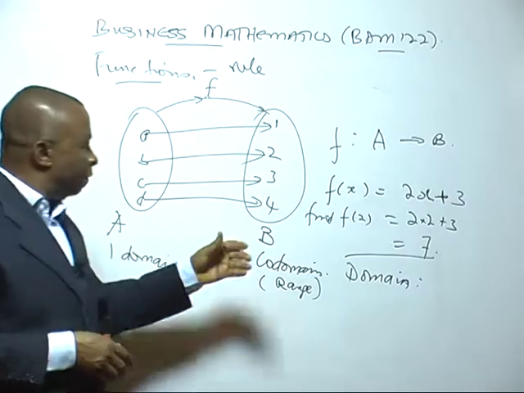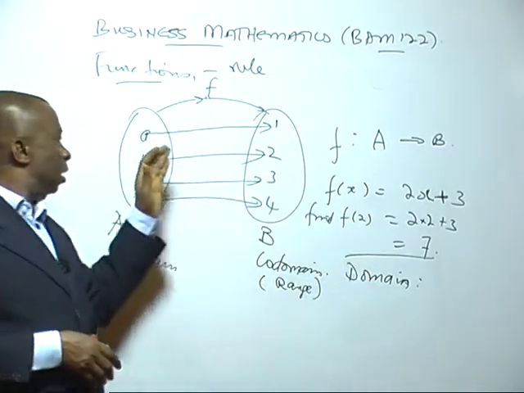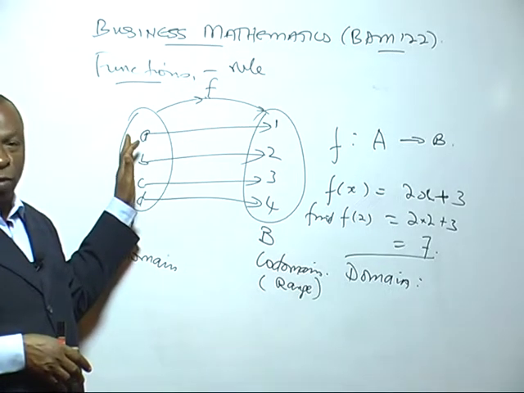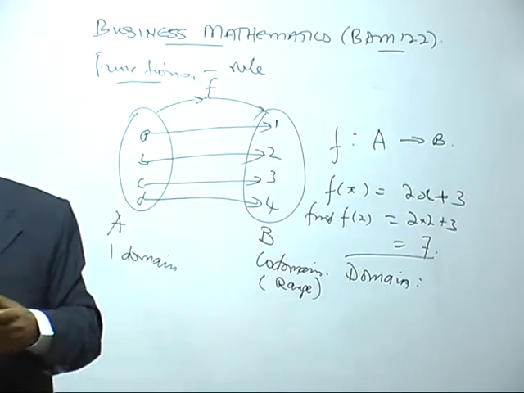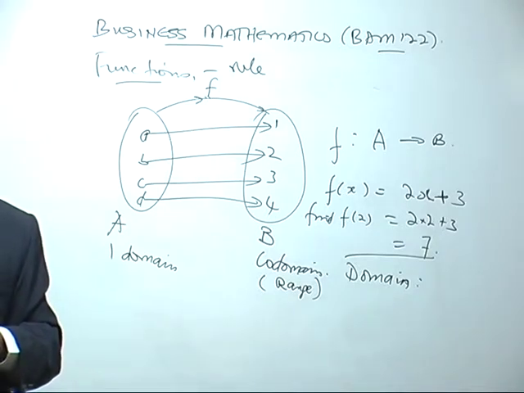That is, the finite values of x in this particular set of values of x in the domain there. So we can also look at some examples in this regard.